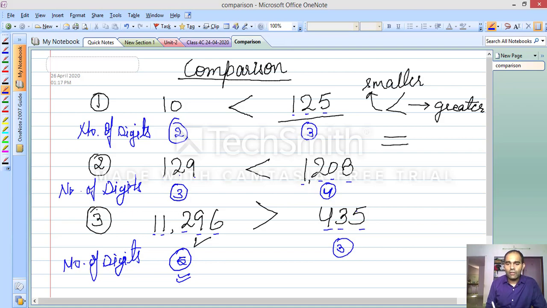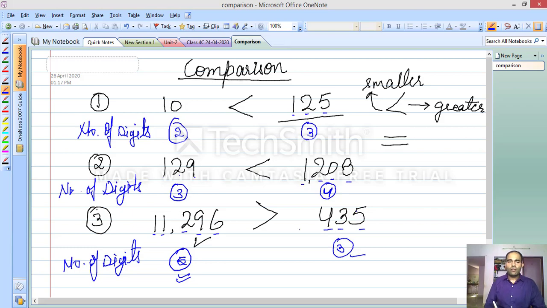And this number has only 3 digits. So the number of digits is greater in this number, so this number will be greater. And in 435 the number of digits is less, so this number will be less.